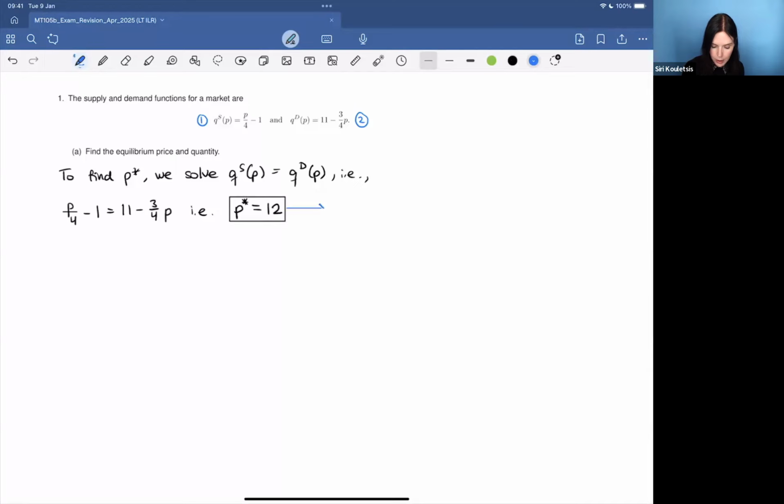Now to find Q star, we just substitute this back into either equation 1 or 2. It doesn't matter because it is a simultaneous system we are solving. So let's say I use equation 1.